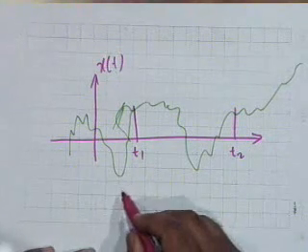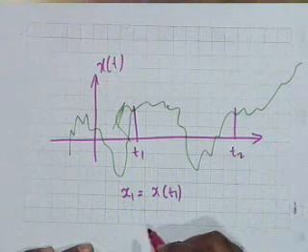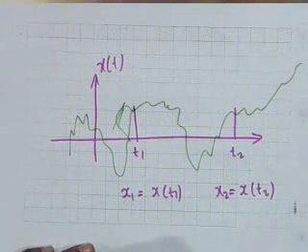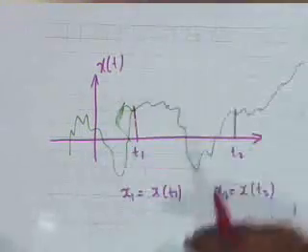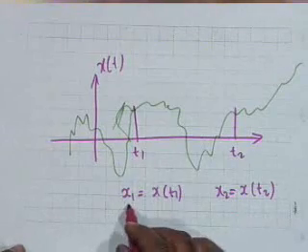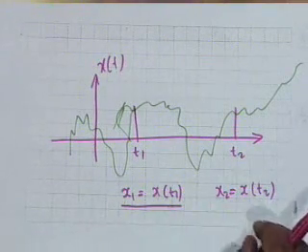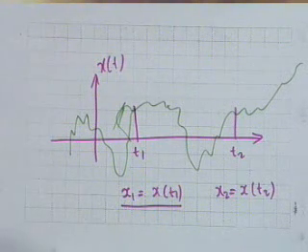Then we can define a random variable x1, which is x of t1, and x2, which is x of t2. I can consider the total ensemble and find out all possible values of x1 and x2. The probability is specified because it's an ensemble.